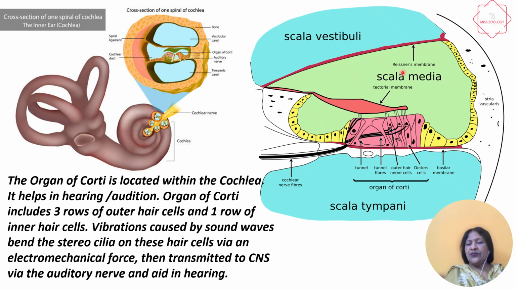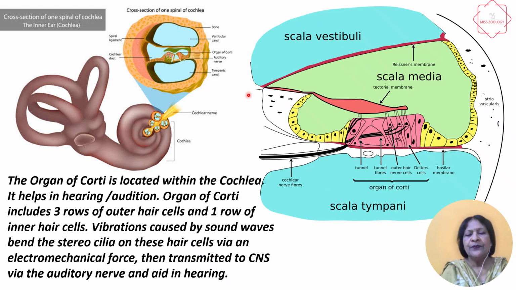It is filled with endolymph, and endolymph has a higher concentration of potassium ions because it is supplied by the stria vascularis from time to time. This difference in the ionic concentrations helps in the passage of electrical waves to carry the impulses of sound for the process of hearing.